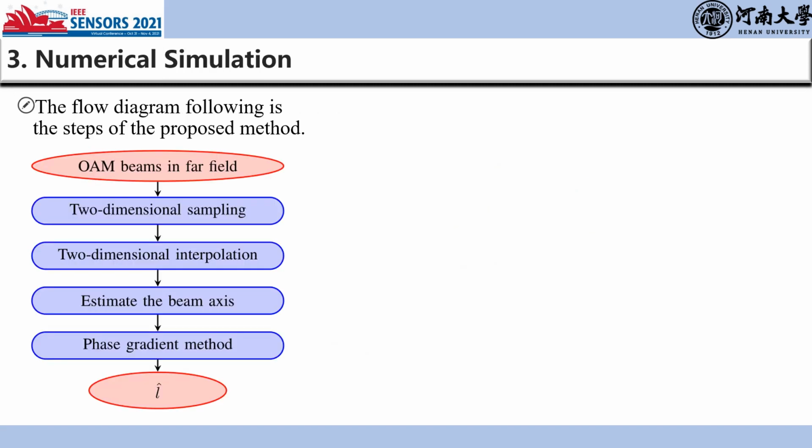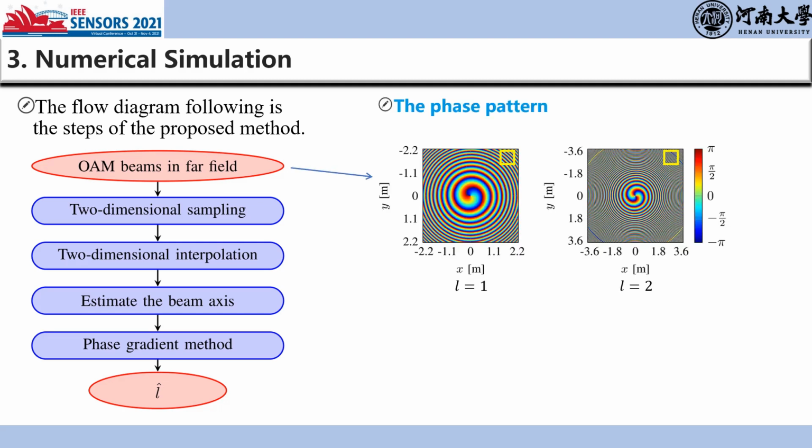According to the basic principles introduced previously, we propose a new method to estimate the OAM mode with an unknown beam axis. The flow diagram of the proposed method is shown in the left figure. First, the phase pattern of the OAM beams in the far field is generated numerically. The phase plane is 10 meters away from the source antenna.